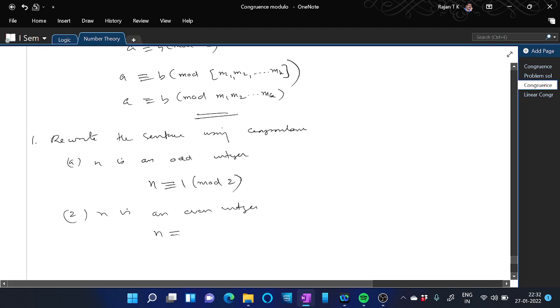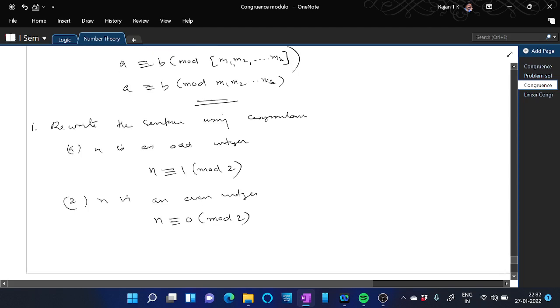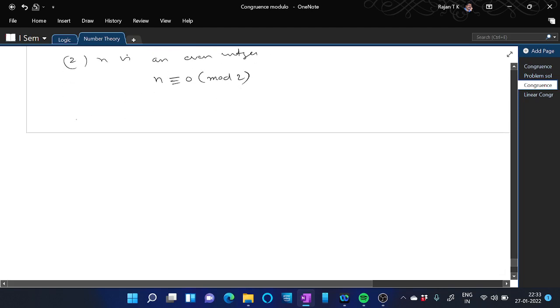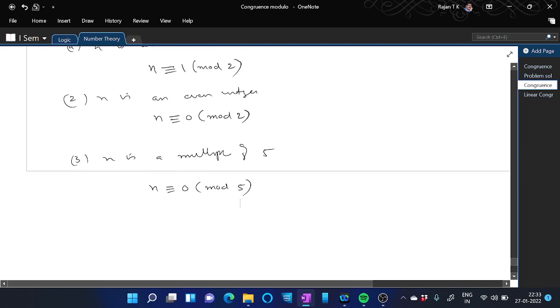So n is congruent to 0 mod 2. Similarly, suppose n is a multiple of 5. This can be written as n congruent to 0 mod 5. So this is the way sentences like odd integer, multiple of 5, etc. can be written using congruence relation.